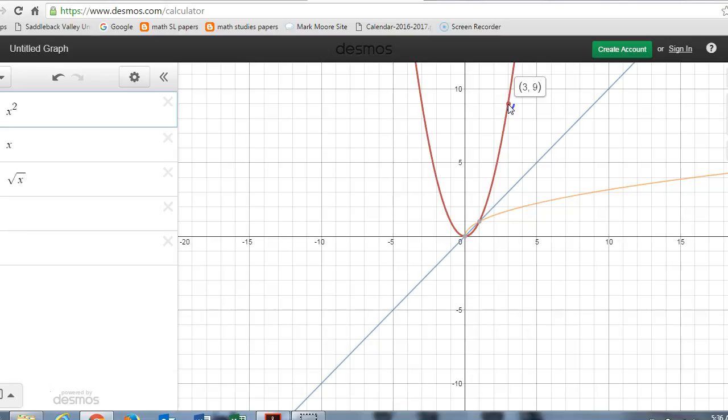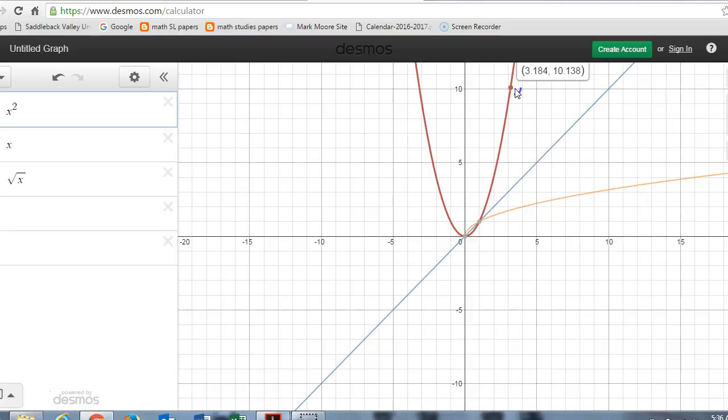So if I can only use x's that are greater than or equal to 3, look at what happens to my y value if x becomes greater than 3. My y value goes up because I'm going to the right and moving up the parabola. So for x greater than 3, my y values become greater than 9.